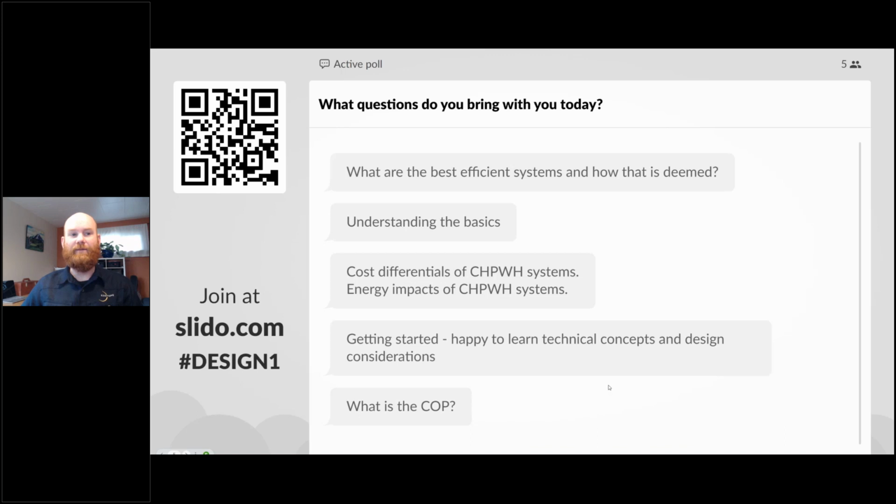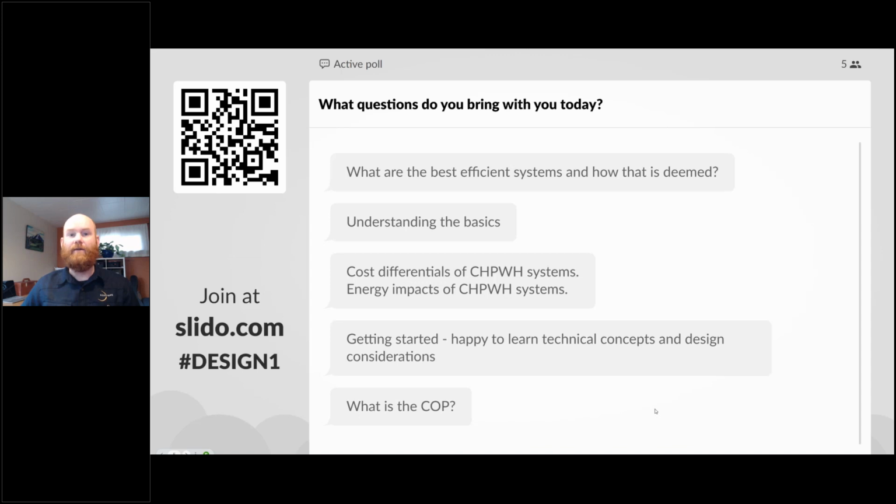Then what is COP? Well, it's not a cop, it is the coefficient of performance. So it's looking at how much useful energy we're getting out of the system compared to how much energy we're putting into the system. In electric resistance, we put in electrical energy and get out useful water heating energy, and that might be a 0.98 COP or 98% efficient. A heat pump water heater moves heat, it doesn't make heat, and we'll get into this later.